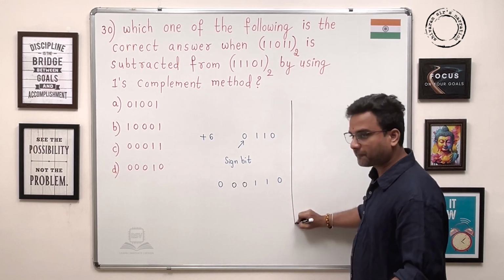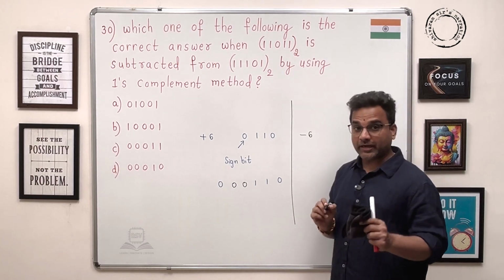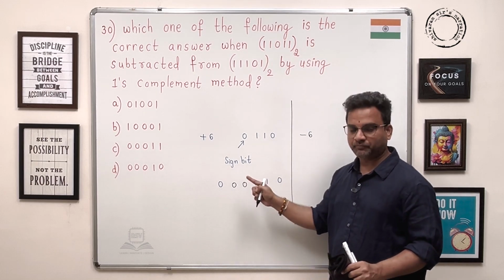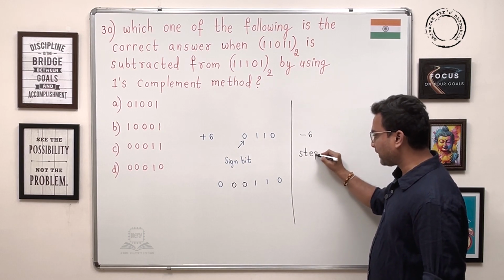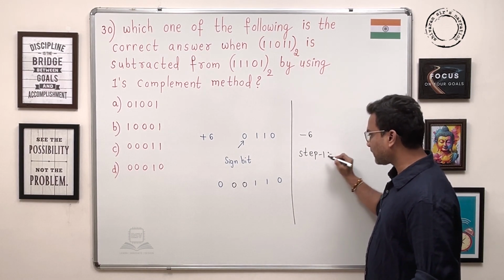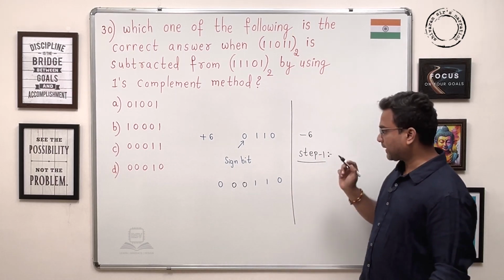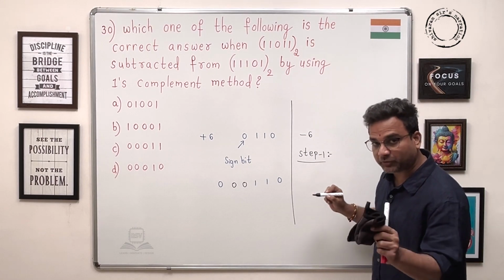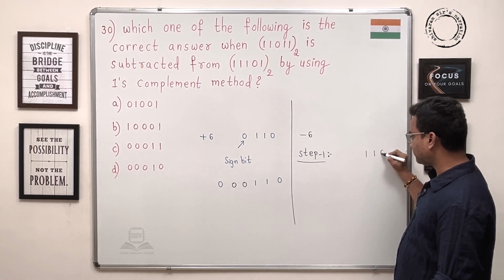Let's have minus 6. For negative numbers, there are 2 steps, not 1 step. The first step is, including the sign bit, you represent plus 6. Yes, it is minus 6 only, but in step 1 we represent using plus 6 only, that is 110.